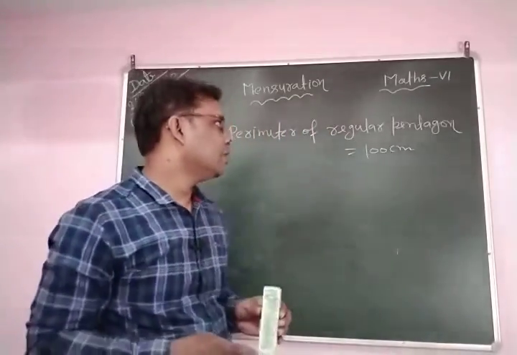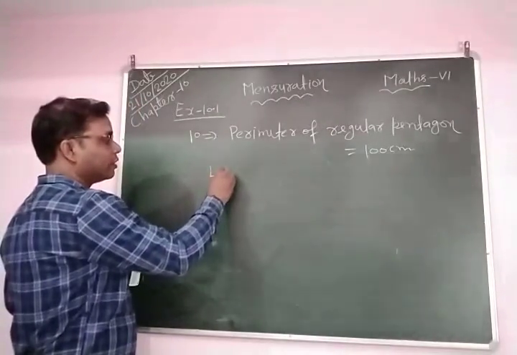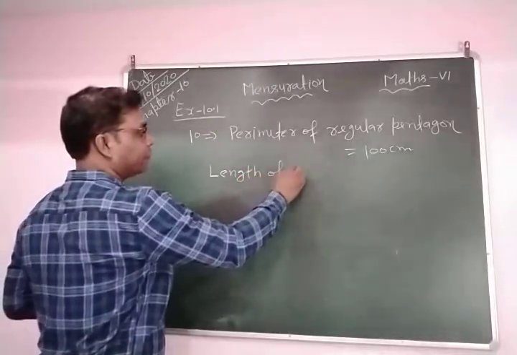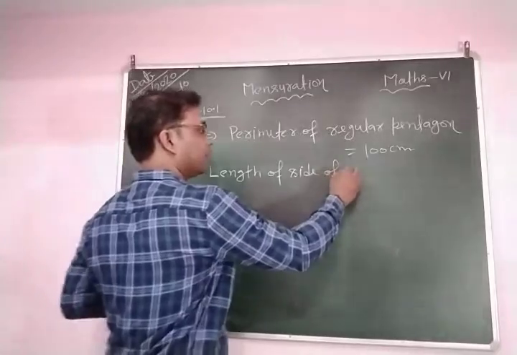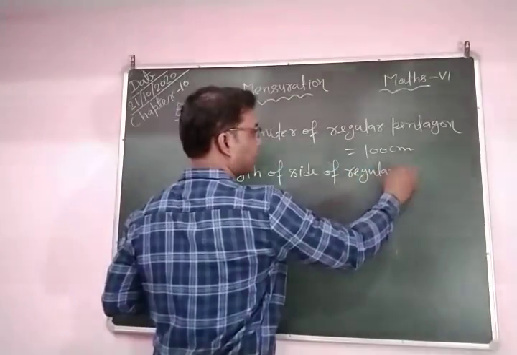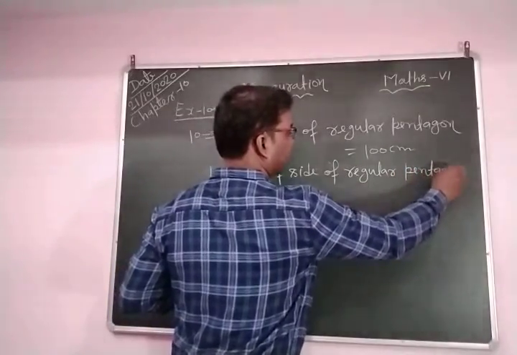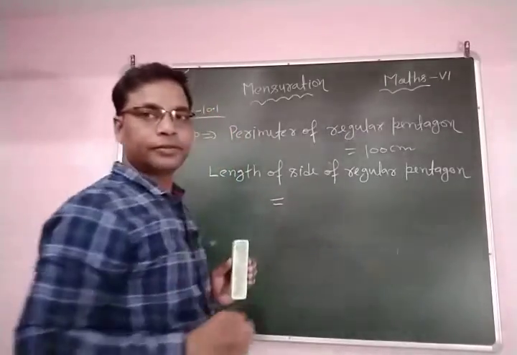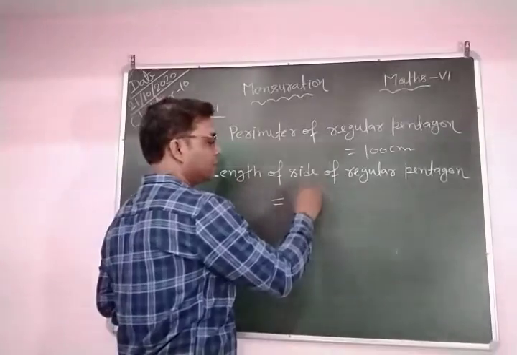So length of side of regular pentagon is equal to nothing but perimeter by 5.